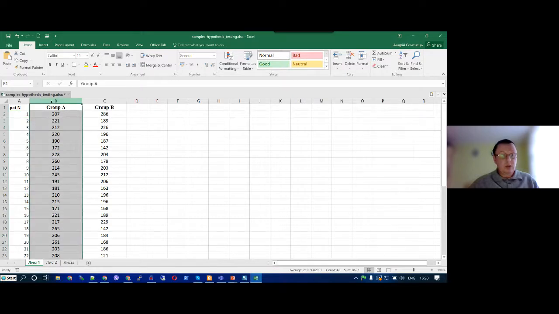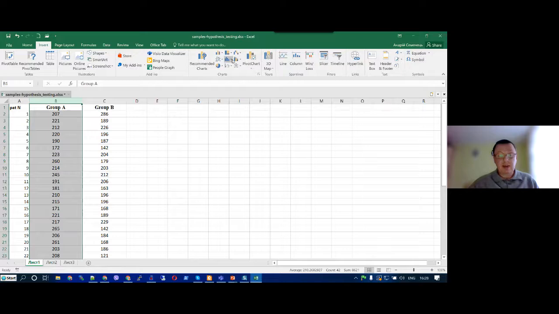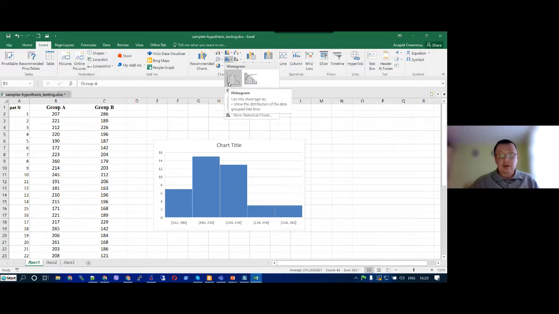Now, how to create specific statistic charts in a modern spreadsheet. These features work only in modern Excel, newer than 2016. Here we have histogram and box plot charts.